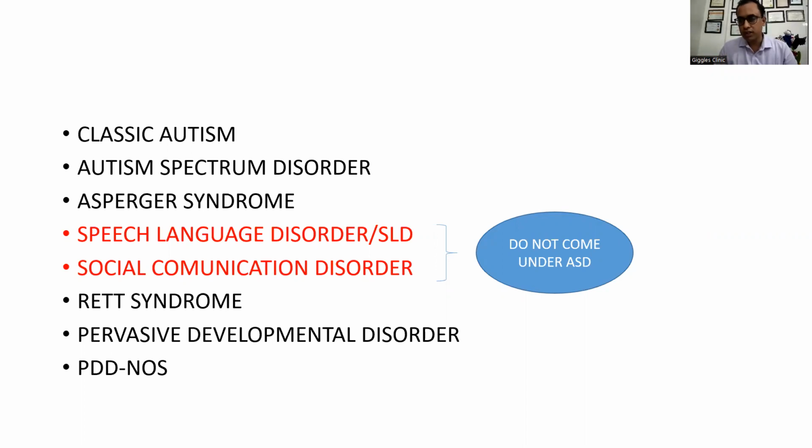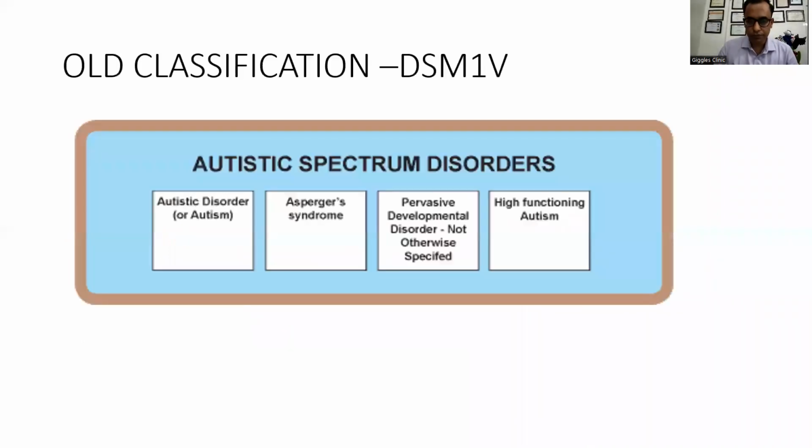So nowadays we don't classify as Asperger or pervasive developmental disorder or PDD and so on. But we tell them, yes, the child comes under autism spectrum disorder. Why? Because the management doesn't change a bit. Only in certain cases the management changes, which we'll see in our future slides.